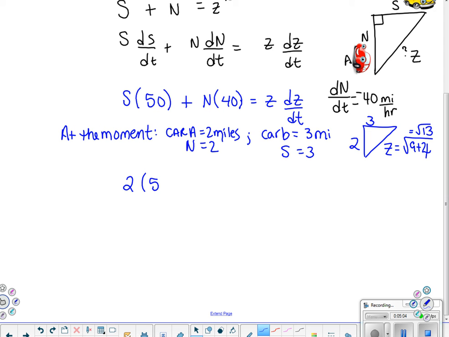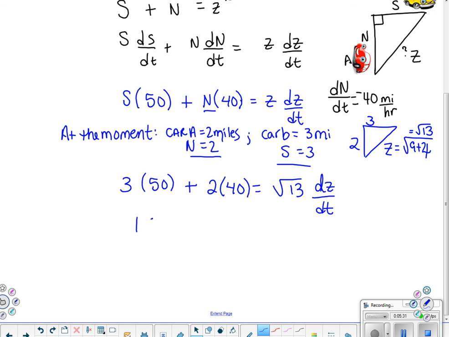I'd have a 2 times 50 plus an N at 3. I think I goofed up. I have S first. Okay, S is 3, N is 2 times 40 equals a Z, which is root 13, times the rate at which it's traveling.